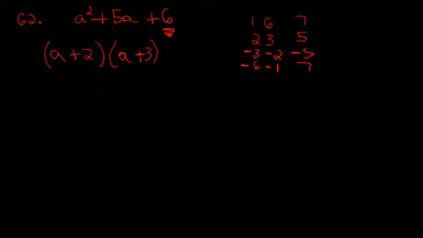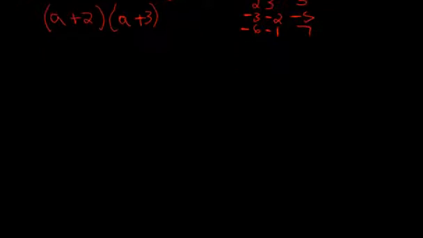All right. Let's go down a bit, and let's look at 64. 64 gives us ax plus b plus bx plus a. What we want to do, I think, is group terms together.